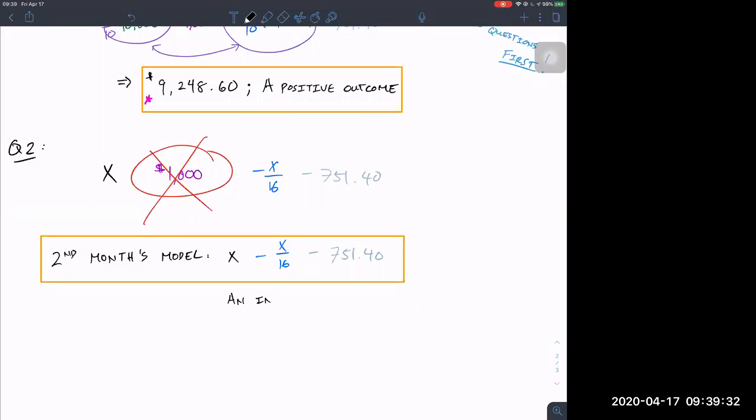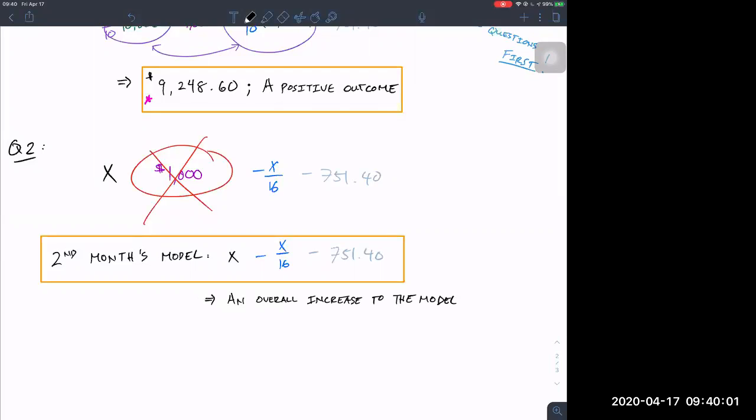an overall increase to the model, right?